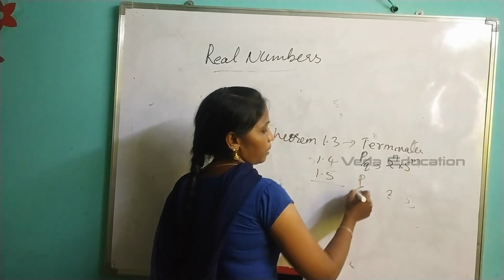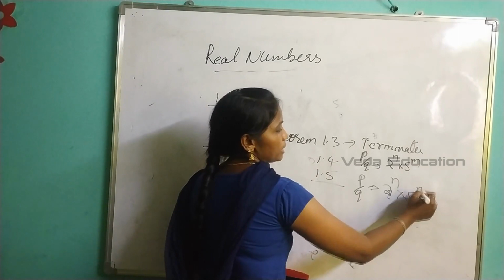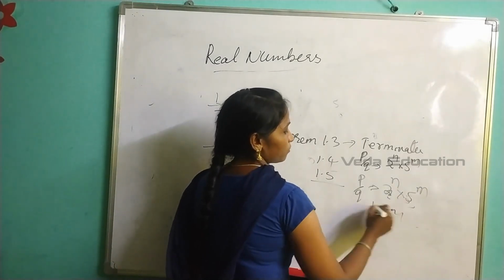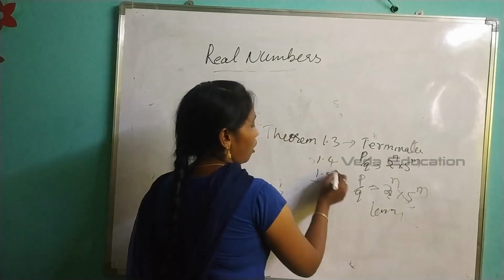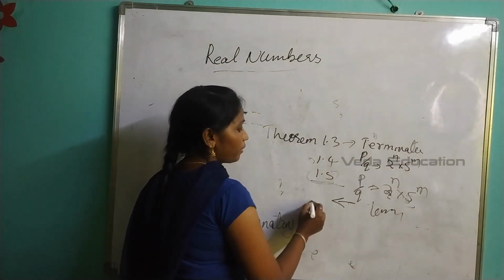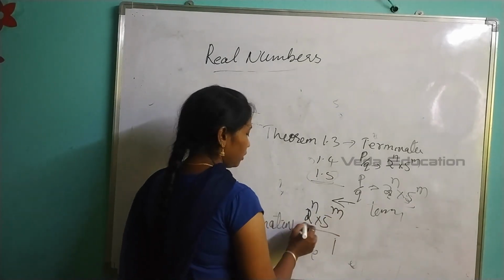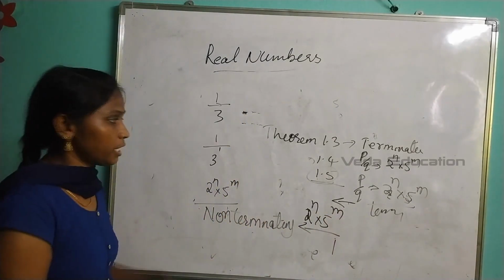Given it is p by q, if q is expressed as 2 power n and 5 power m, then it is a terminating decimal. The last, 1.5: if q is not in the form of 2 power n and 5 power m, then it is a non-terminating decimal. These are the three theorems.